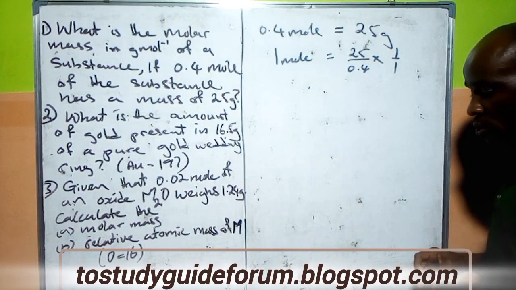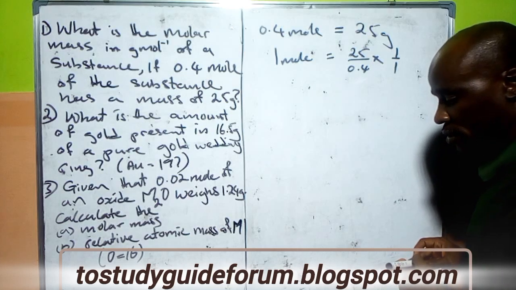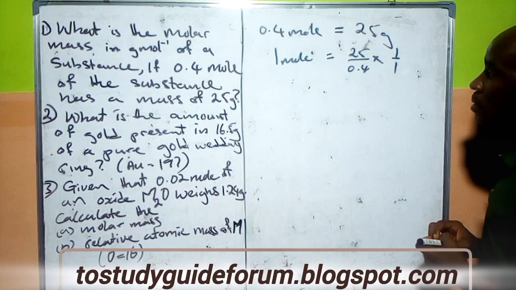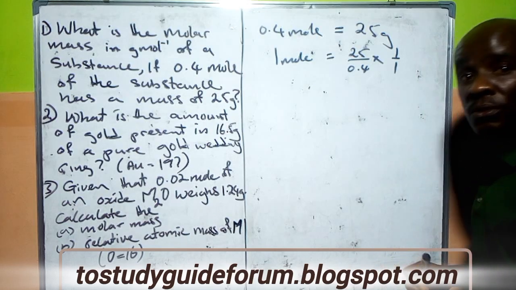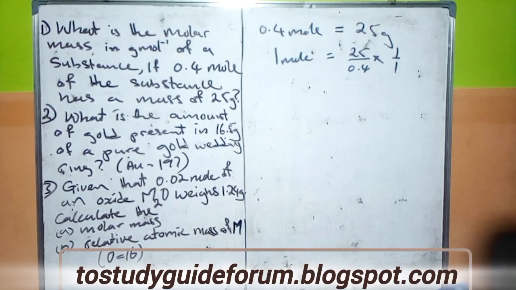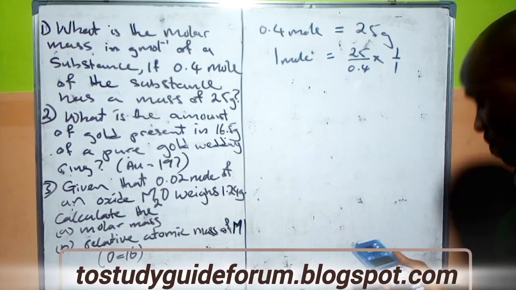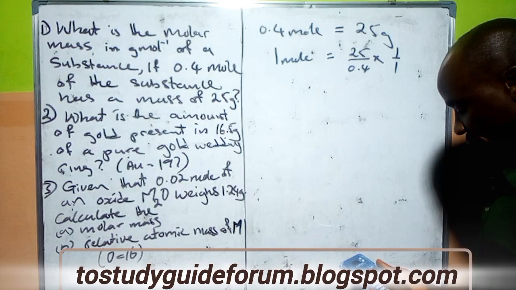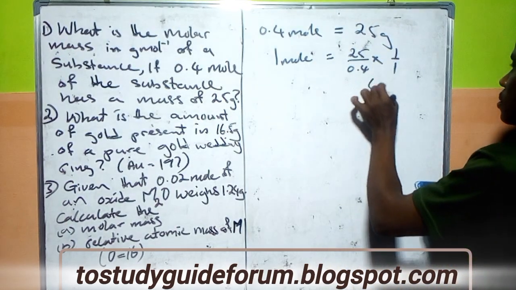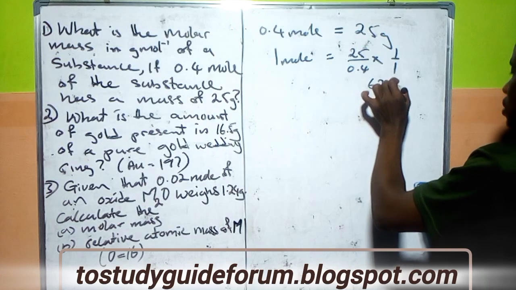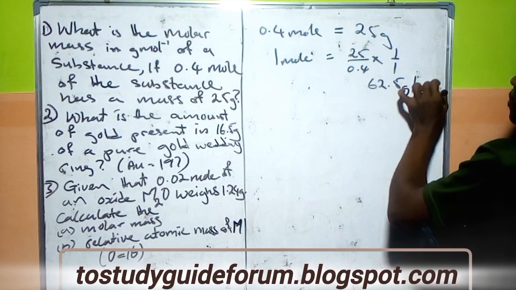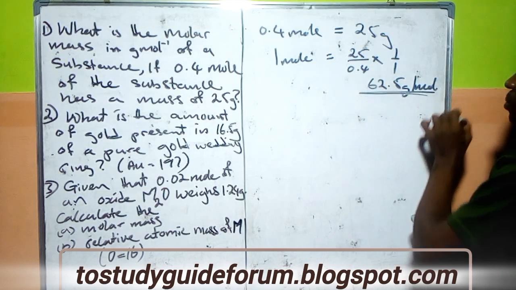So what it's going to give us, let me use the calculator. 25 divided by 0.4, what we have is 2.5 gram per mole.